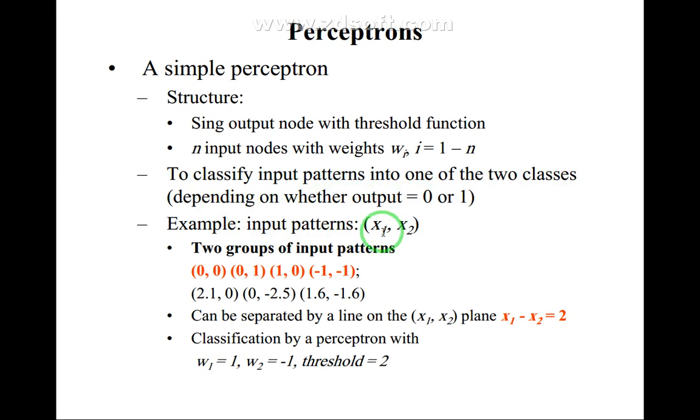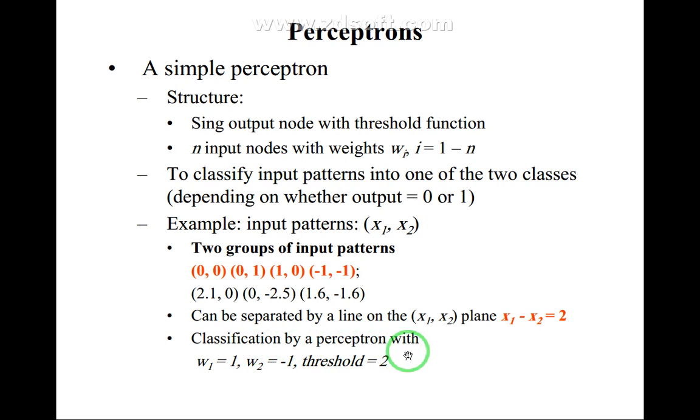Example, input patterns x1 and x2. So let's show one example for this chapter 3. We have the inputs x1 and x2, two groups of input patterns, 0 0, 0 1, 1 0, minus 1 minus 1, and these are the weights, of course, the original weights, and can be separated by a line on the x1 x2 plane. x1 minus x2 equals 2.